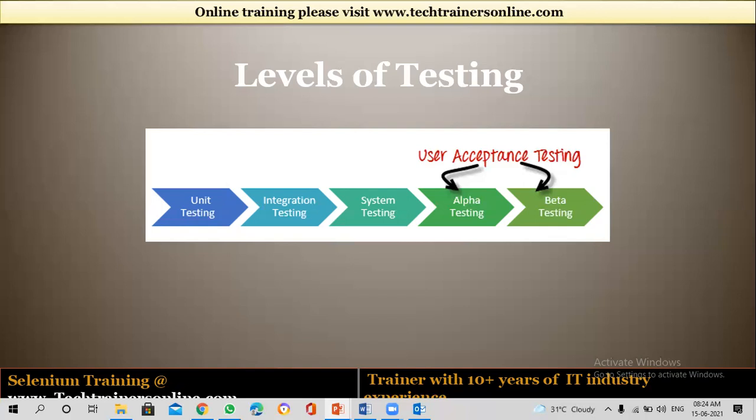So what would be the integration testing entry criteria? Unit testing should be done thoroughly. Exactly. That would be the exit criteria of unit testing. The exit criteria of unit testing is the entry criteria for integration testing, and the exit criteria for integration testing would be the entry criteria for system testing.